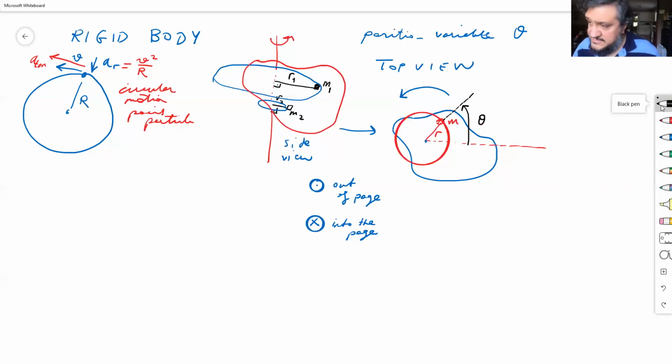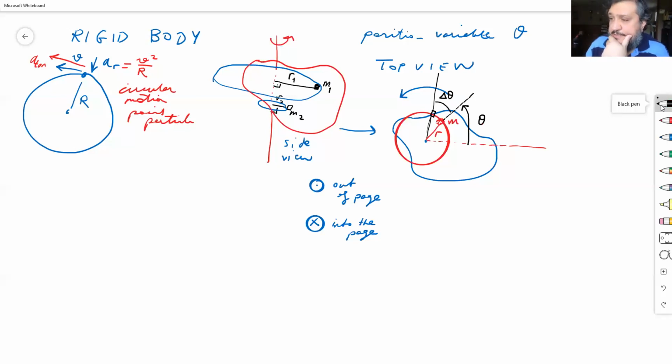So a second later, your object will come here, okay, with some increment here, which you can call delta theta, all right? So delta means a difference. Final minus initial.